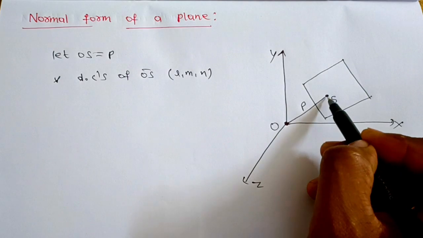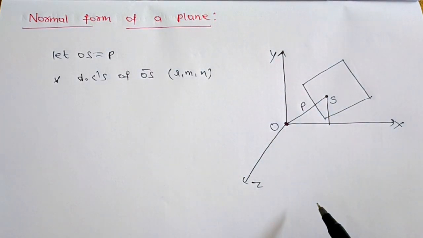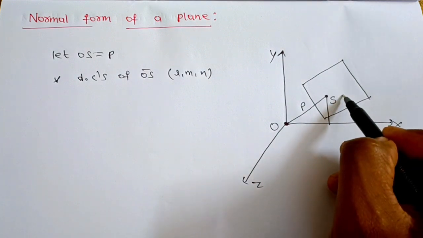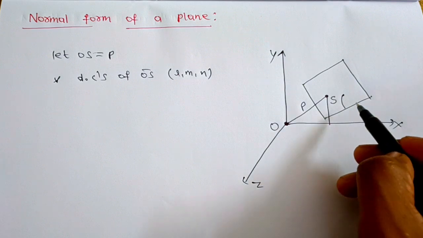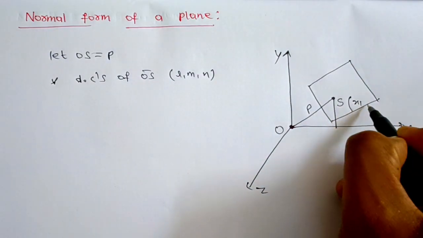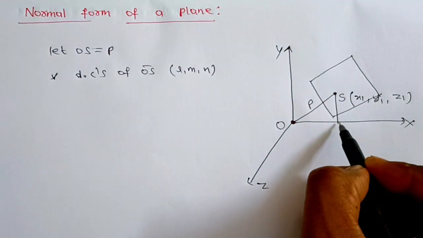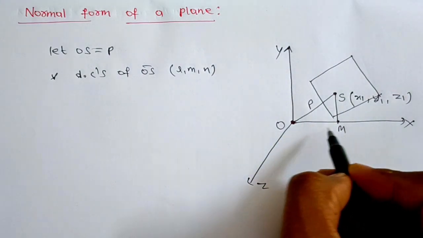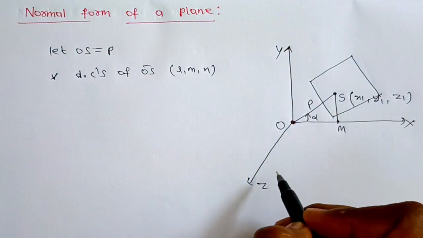Here we can draw a perpendicular line from S to the x-axis. Here, for example, the coordinates of S are x1, y1 and z1, and this foot point is considered as some M. From the triangle OSM, let us consider this angle alpha.